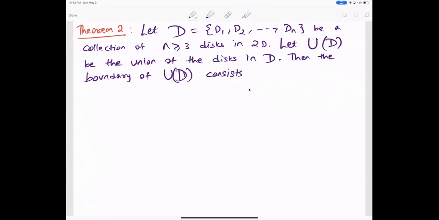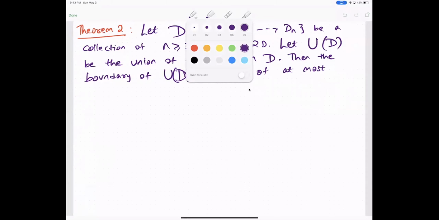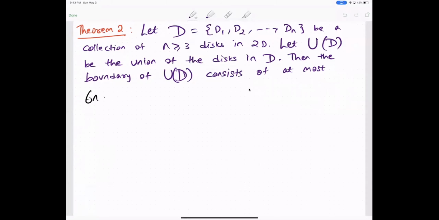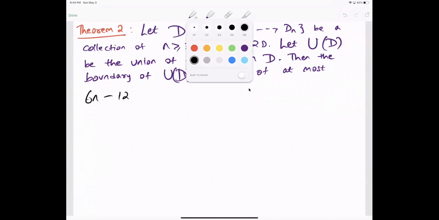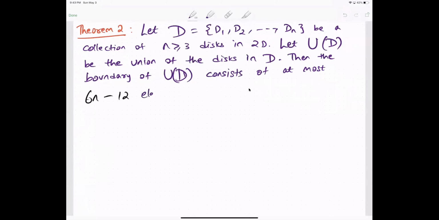So then the boundary of U of D consists of at most 6n minus 12 elementary arcs.